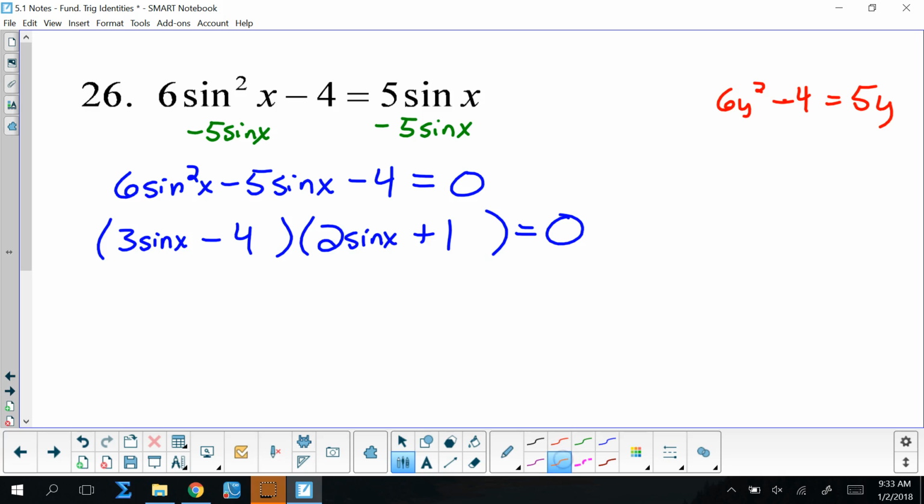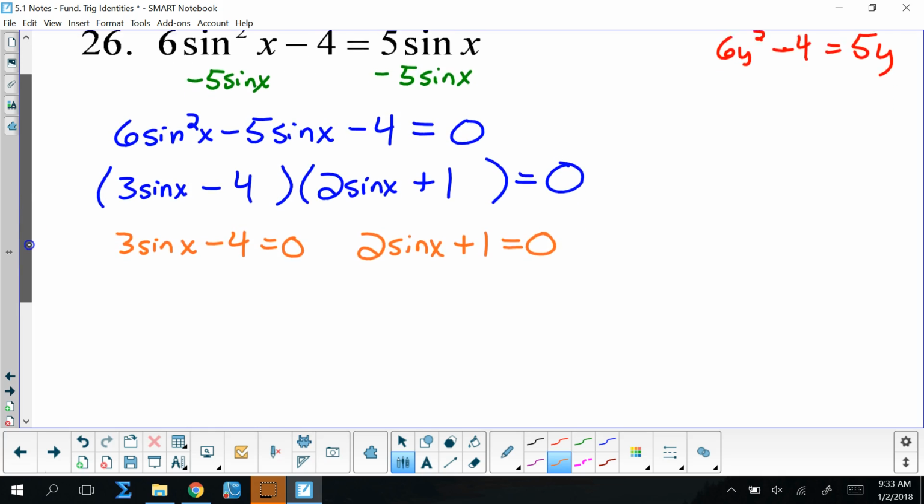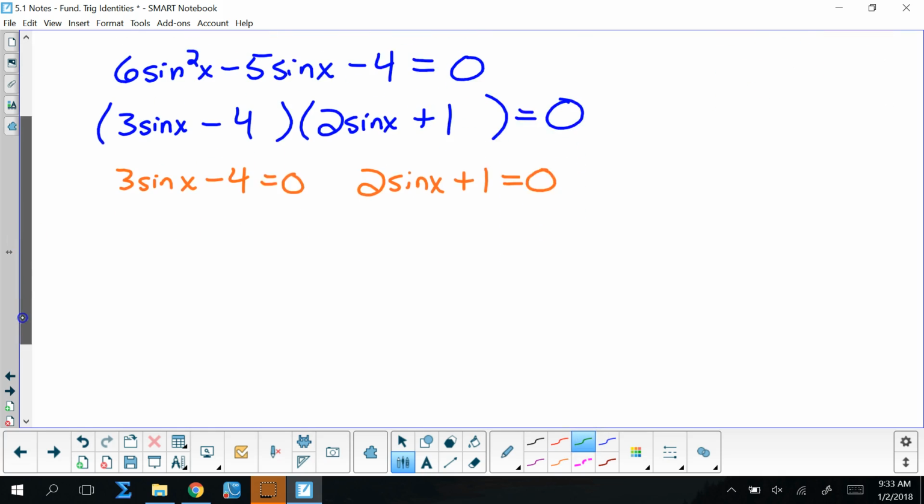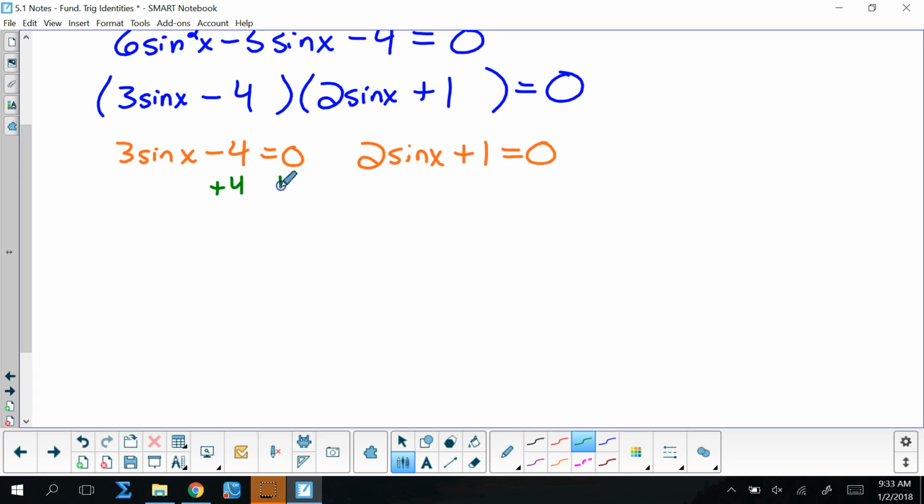So 3 sine x minus 4 equals 0, and 2 sine x plus 1 equals 0. Now what? Add 4. Divide by 3.